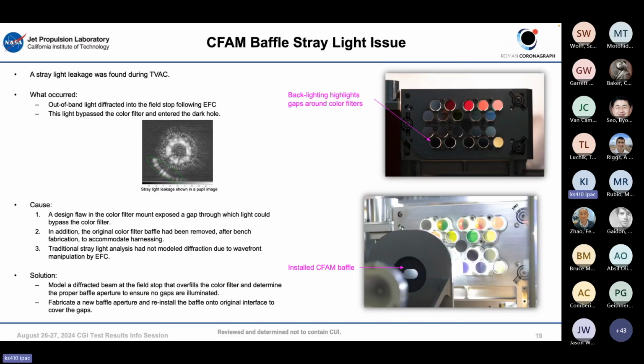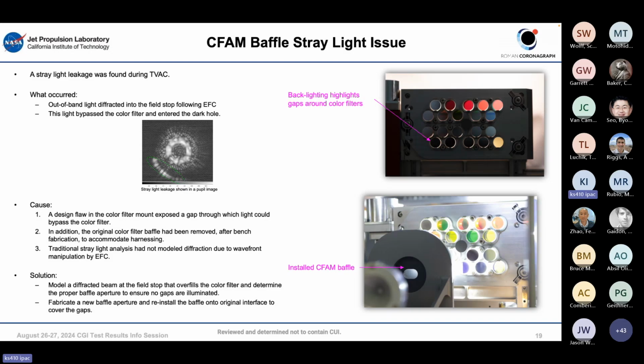And we had one incident of stray light leakage during the testing. It was found that the diffracted out-of-band light after EFC would diffract into the field stop and would expand beyond the size of each of the color filters.